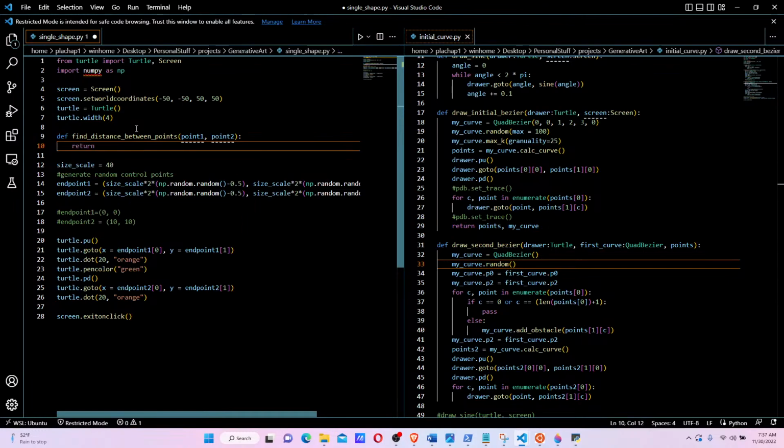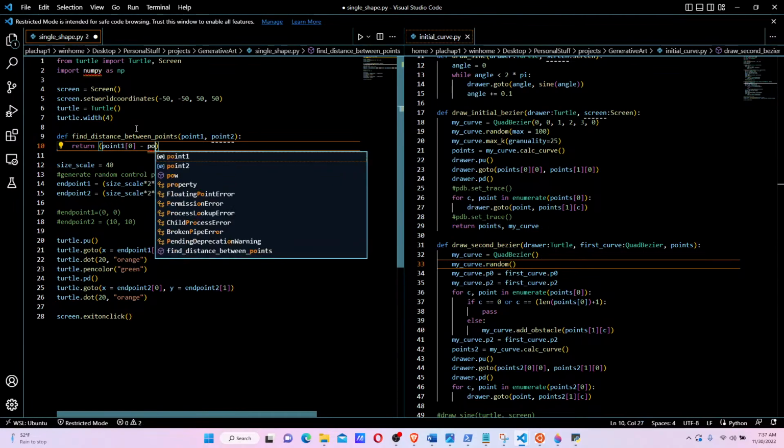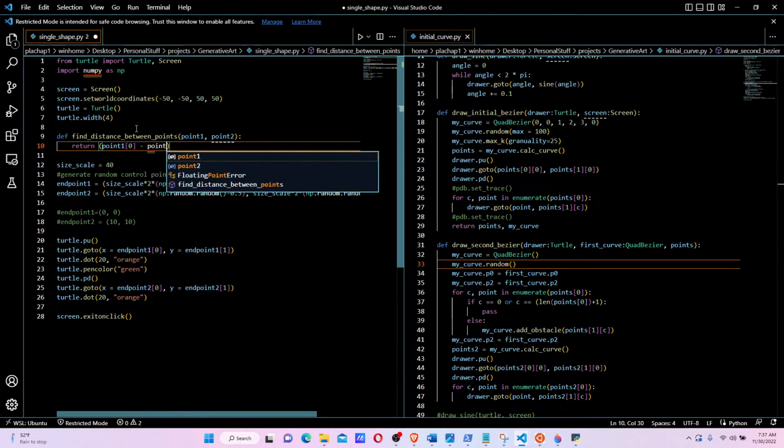the value we want to return is point 1's x value, which is just the first index, minus the x value of point 2, also the first index of that point. Take the value of that, square it.